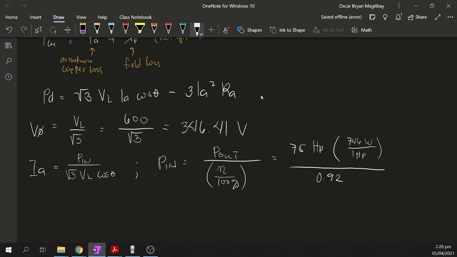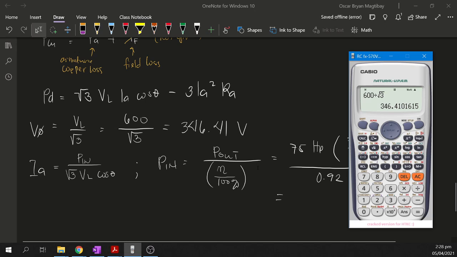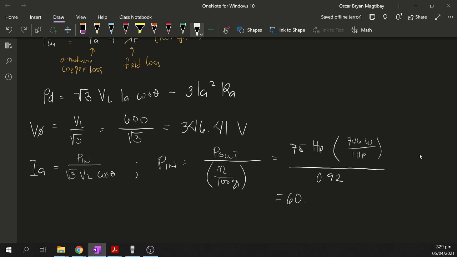So, Pin now is equal to 75 times 746 divided by 0.92. So, our Pin is 60.815 kilowatts.